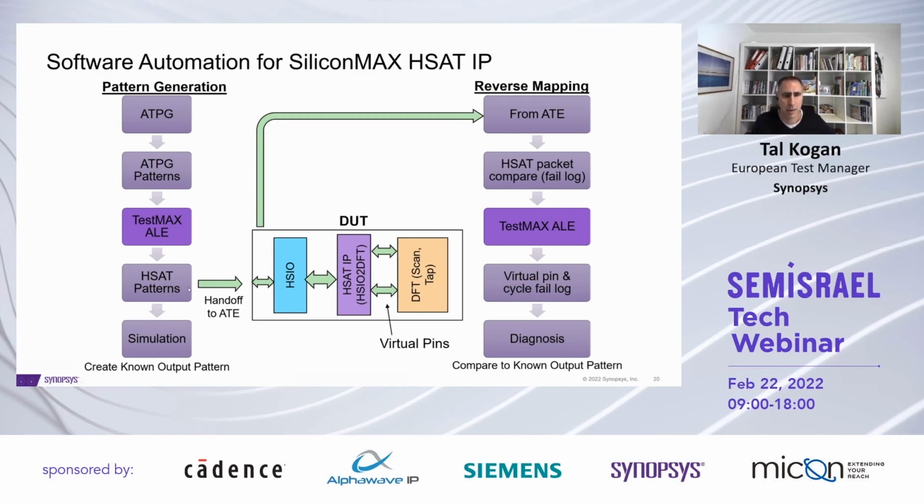And once you have those and you simulated them, you can actually perform your handoff to the ATE. This time, instead of in the regular tester format, in the format of the high-speed data. And then you inject it to the DUT as I showed before, using the high-speed interface, the translated data is written to the IP as before, and then to the scan network.